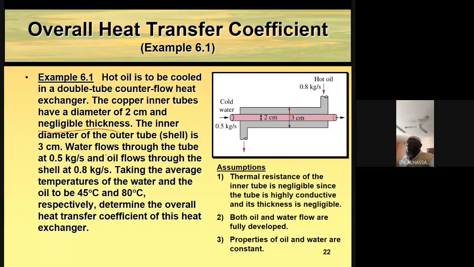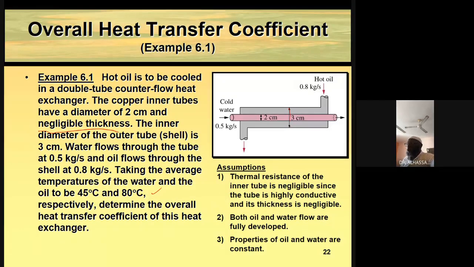Water flows through the tube at 0.5 kilogram per second, and oil flows through the shell at 0.8 kilogram per second. Taking the average temperature of the water and the oil to be 45 and 80 respectively, determine the overall heat transfer coefficient of this heat exchanger.